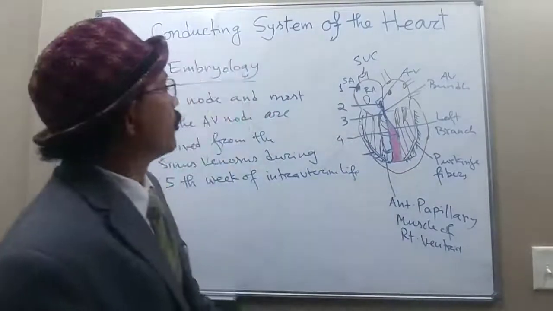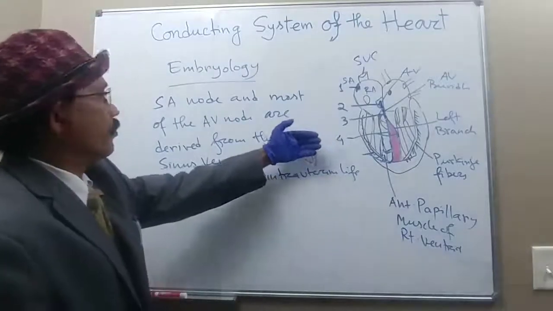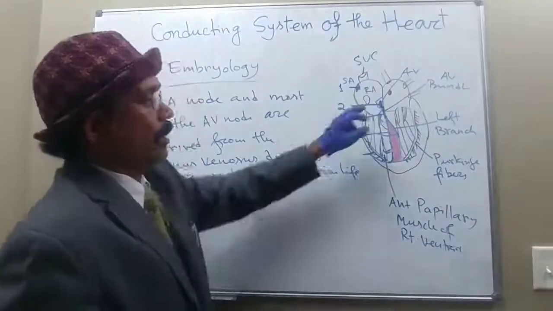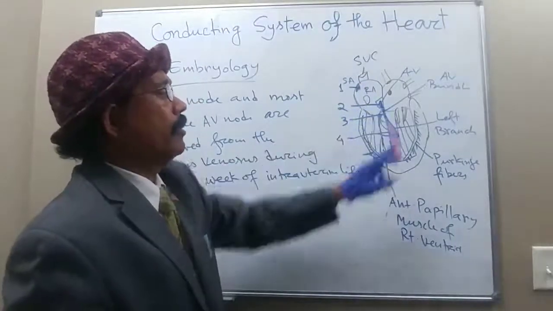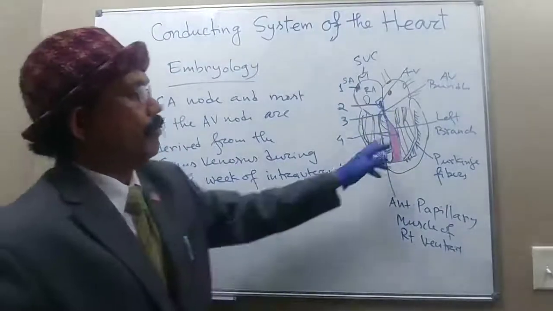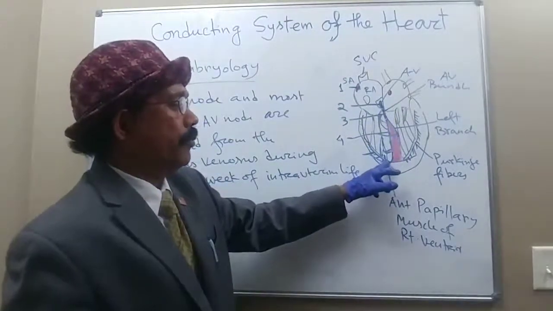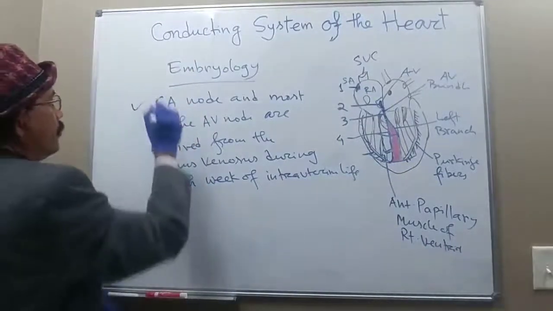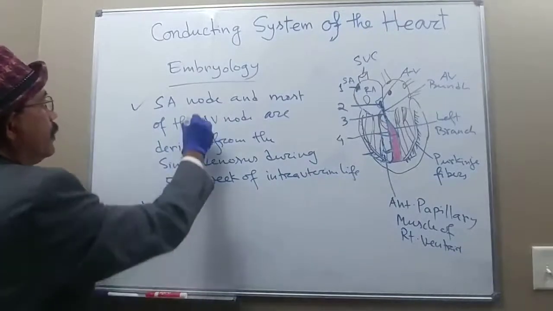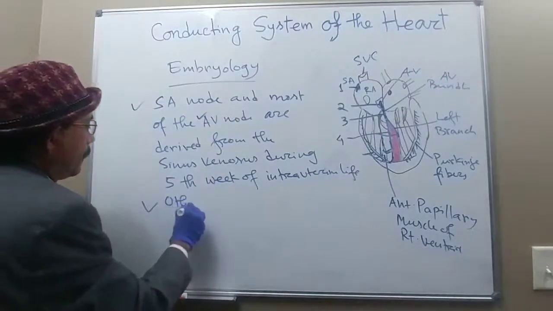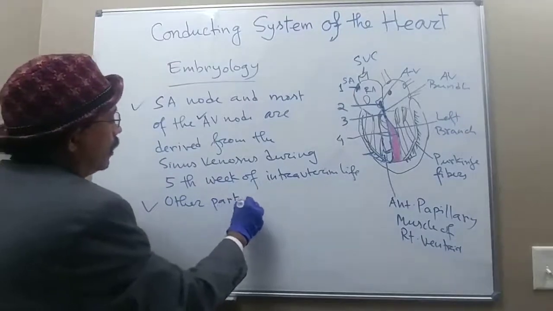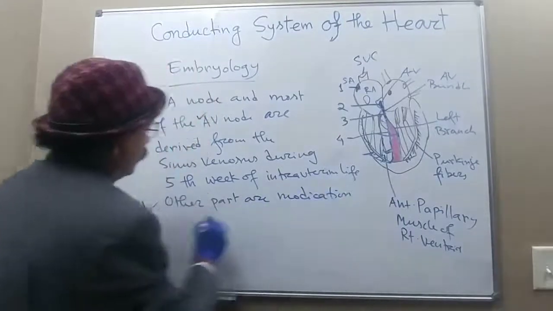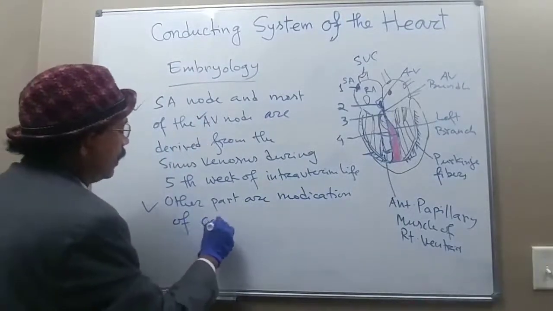This is due to the incorporation of the sinus venosus into the right atrium. We will get the SA node and most of the part of the AV node. The AV node also comes from the surrounding cardiac muscle. Okay, other muscle fibers are derived directly from modification of the other cardiac muscles.